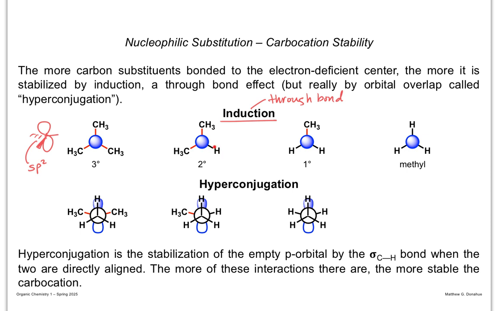Notice that bond is no longer colored red. It doesn't have the same stabilizing factor. And as you successively remove carbons from it, the stability of that decreases. So if stability decreases, that means the reactivity increases. It's much higher in energy. It's harder to form.